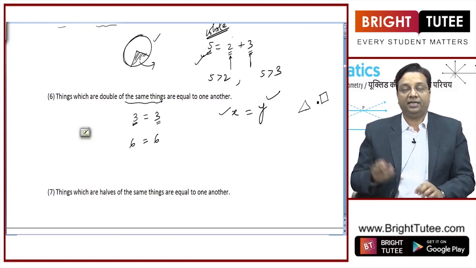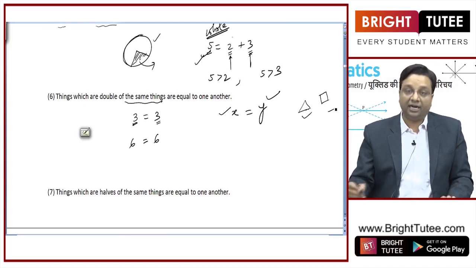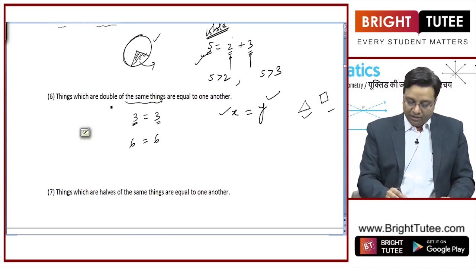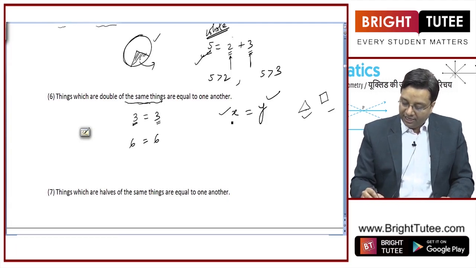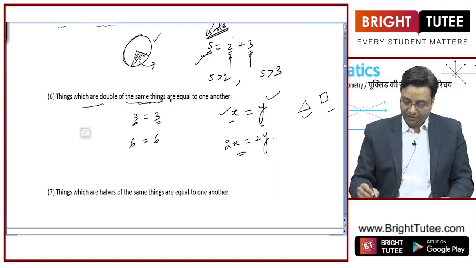I can say area of that triangle is equal to area of that square, but these two figures are not equal. So, these are same things, x is equal to y, then 2x will be equal to 2y, things which are double of same things.